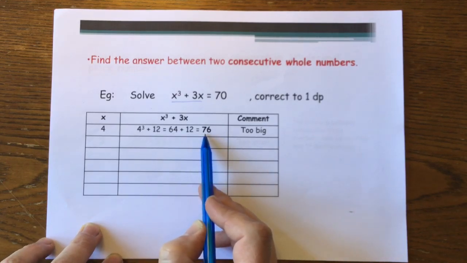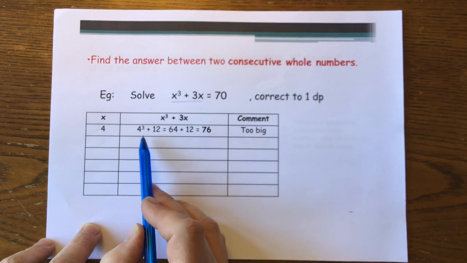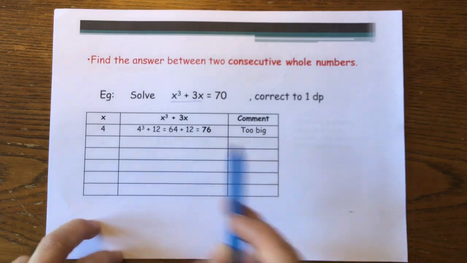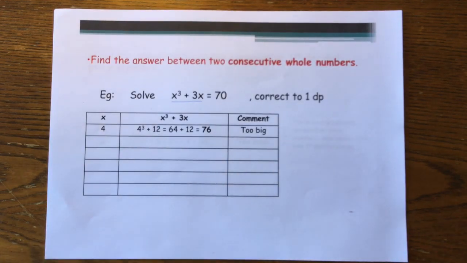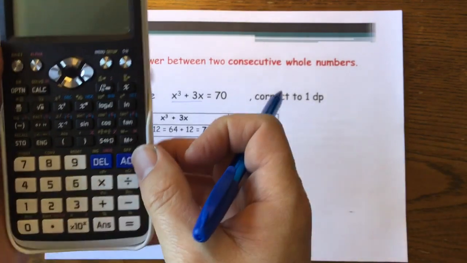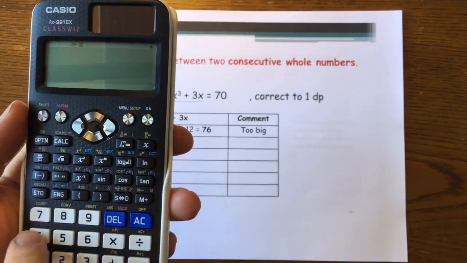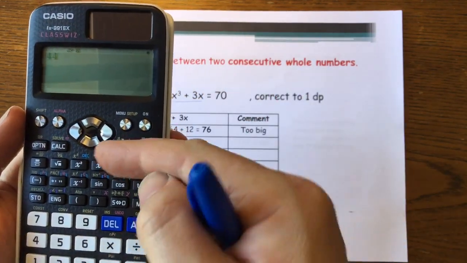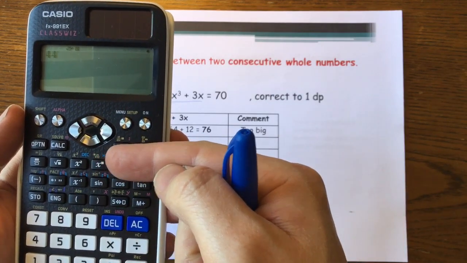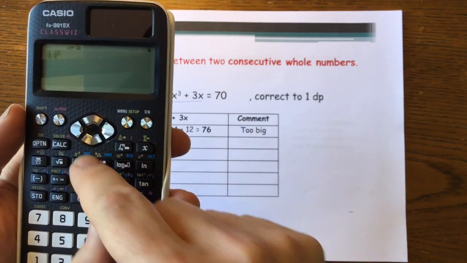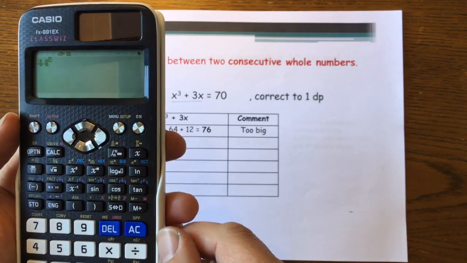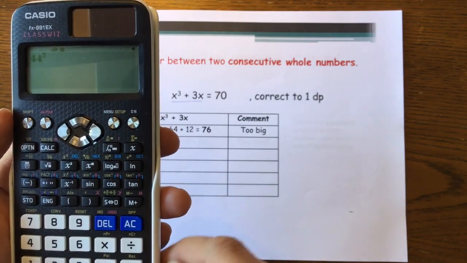And this is very definitely a calculator method. We can just plug this into our calculator, 4 cubed plus 12, and the answer comes up 76. Again, if you have your calculators, hopefully you can just about see this. If I want to do a cube, there's 4. This little button here, x to the power of, if I press that, it comes up as a power, and then I can press cubed.